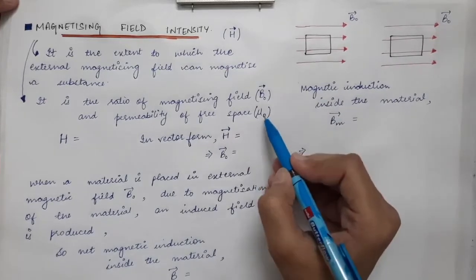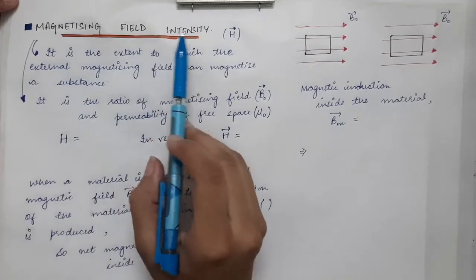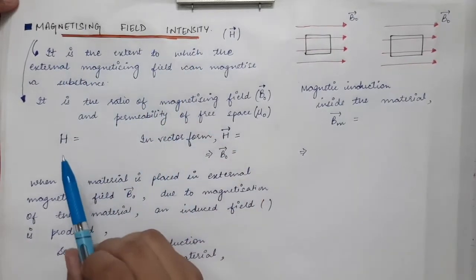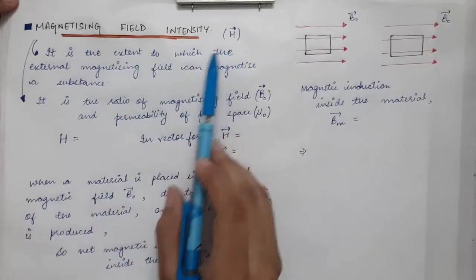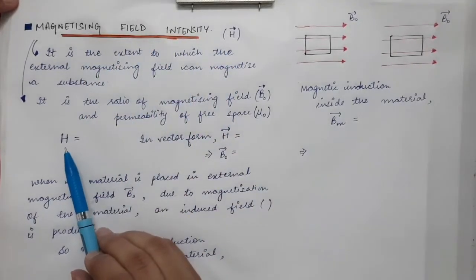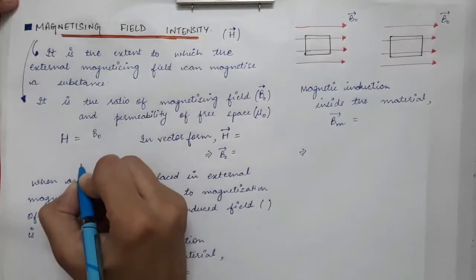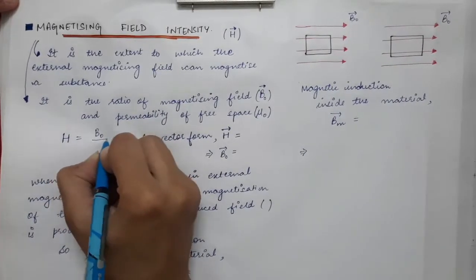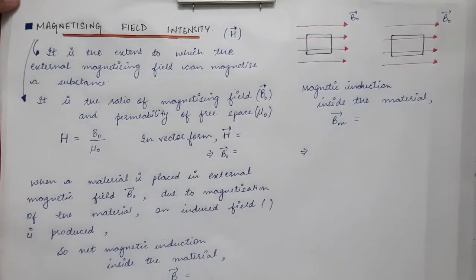So ratio of these two quantities gives us the magnetizing field intensity. So in magnitude form, the magnitude of magnetizing field intensity is represented by just H, and that will be equal to the magnetic field or the magnetizing field divided by the permeability of free space.